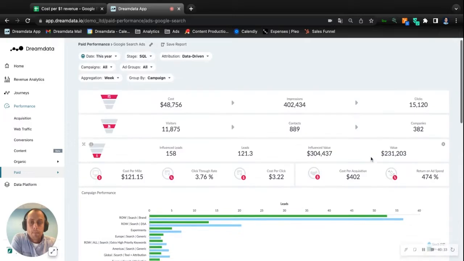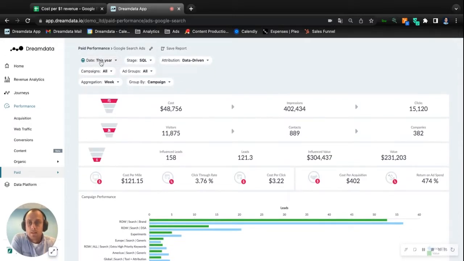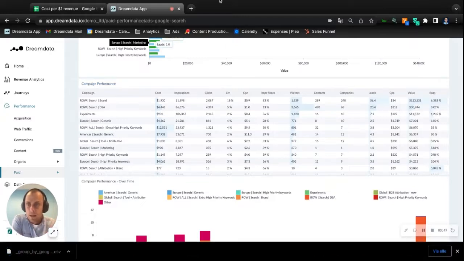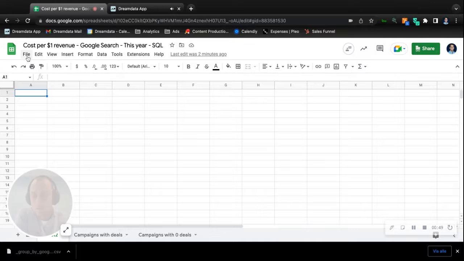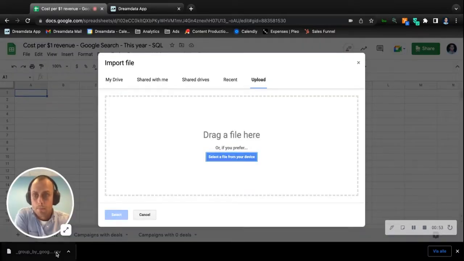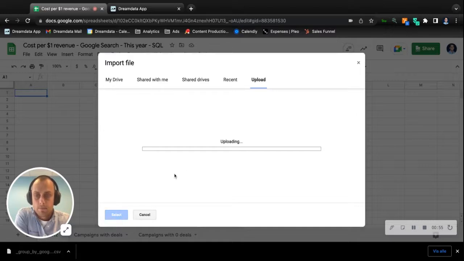Basically, we went to their search ads and set this year's sales qualified leads in a data-driven attribution model. Then we downloaded all the campaigns that are running and went to a Google Sheet where we simply imported these campaigns.